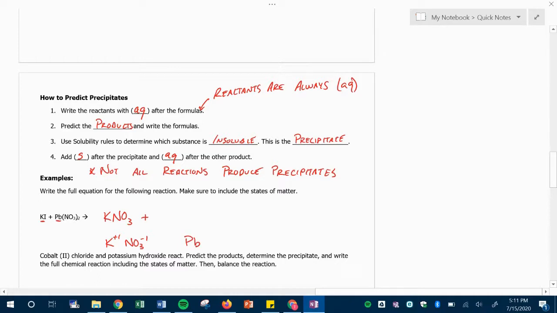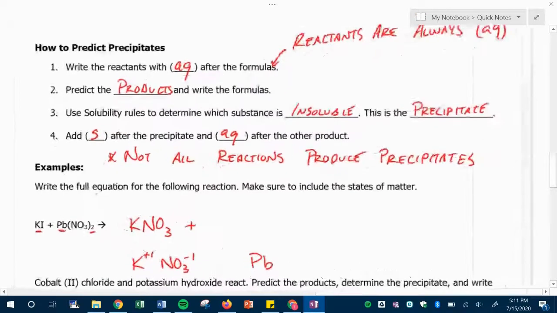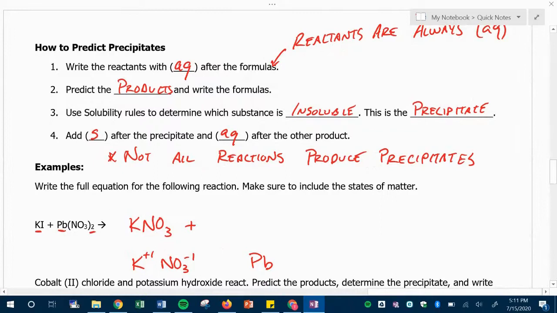To do that, let's look at our Pb(NO3)2 compound. If nitrate is -1 and there are two of them, the total negative charge is -2, which means that if there's only one lead, the lead has to be +2. So lead's charge is +2.